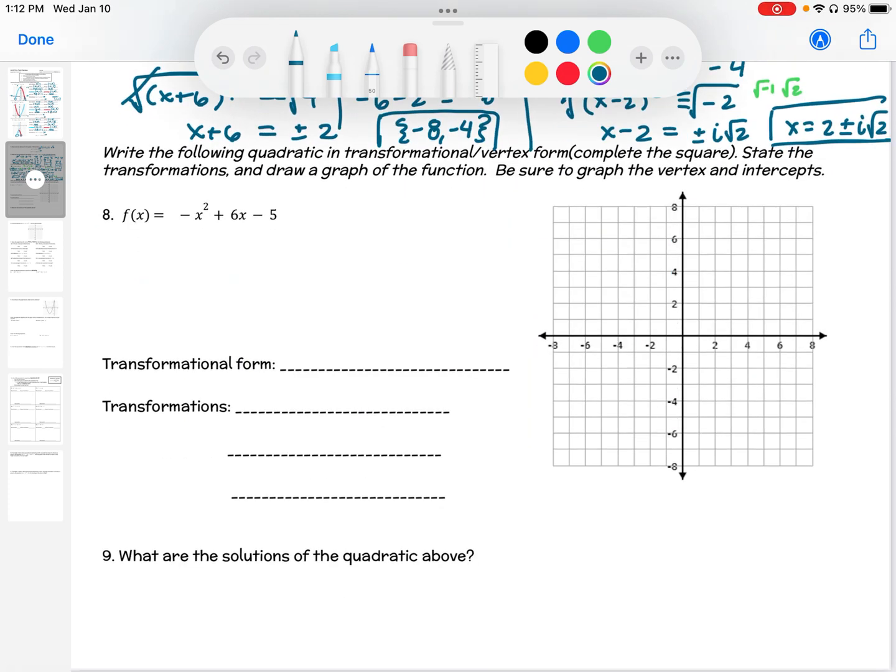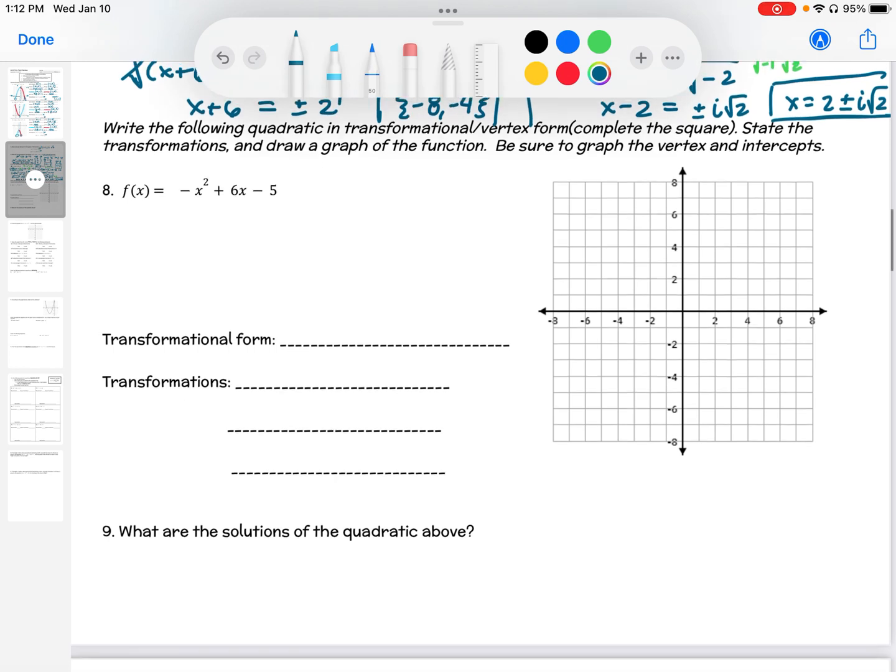Okay, so now what we're going to do is switch this function to vertex form. So we already have it in standard form. Standard form is when we have ax squared plus bx plus c. So the way that we switch it from standard to vertex form is simply by completing the square.